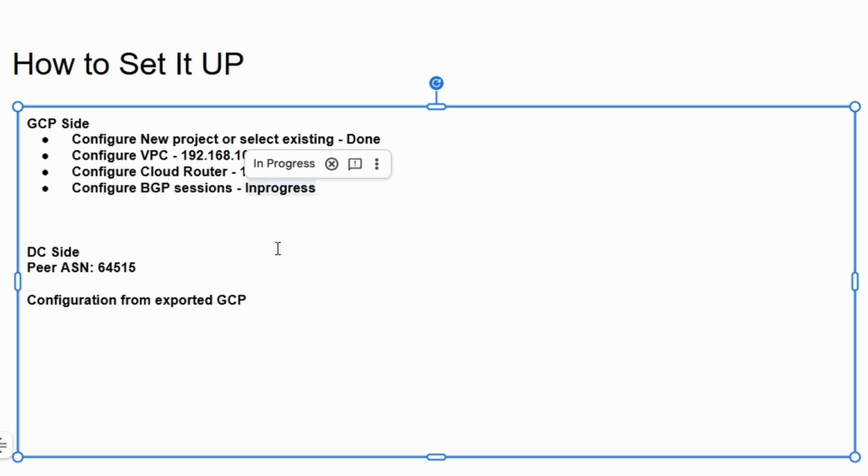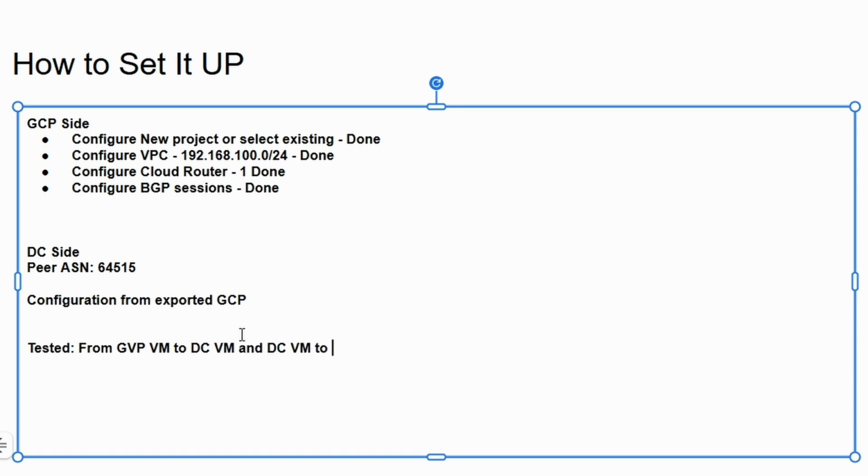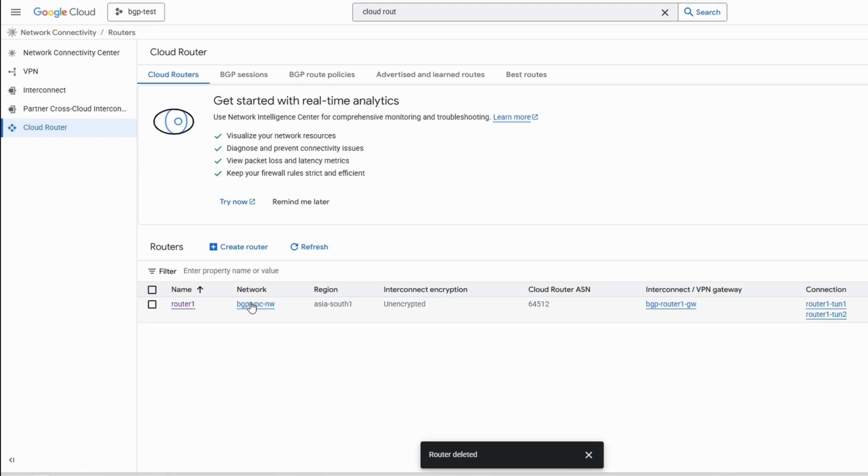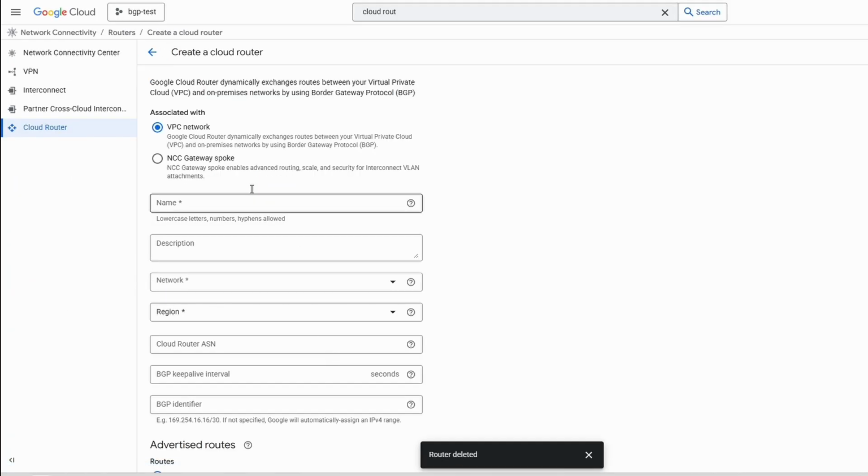As you already know, we have completed configuring the BGP session. In this extended session, as I discussed earlier, we will be using the same environment, just updating what we have done in the previous video as a recap. So just recreate that one.